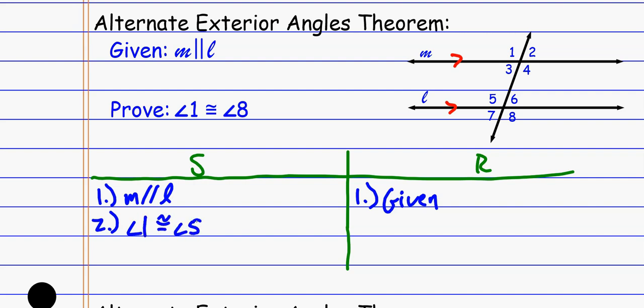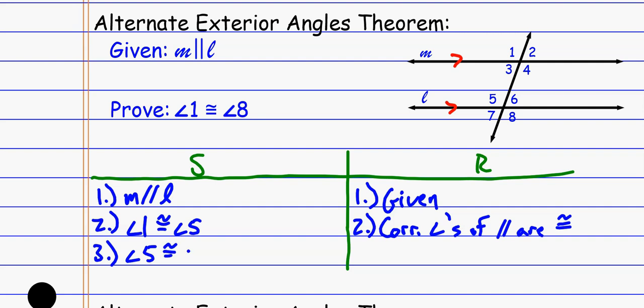And that's because those are corresponding angles. Corresponding angles of parallel lines are congruent. And now from here, I know that 5 and 8 are congruent. Angle 5 is congruent to angle 8. And that's because those are vertical angles, and we know that vertical angles are congruent.